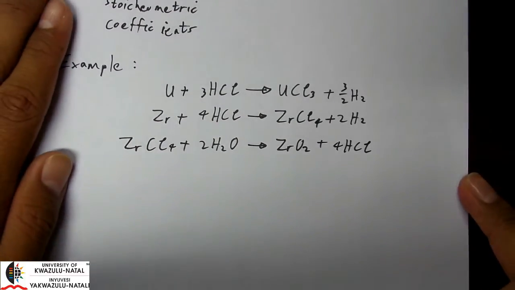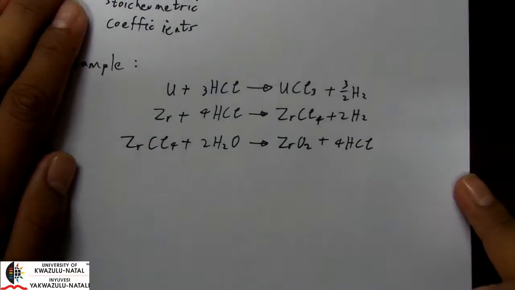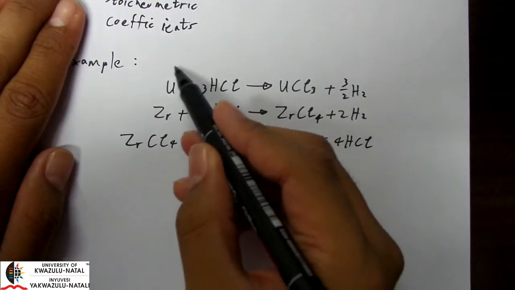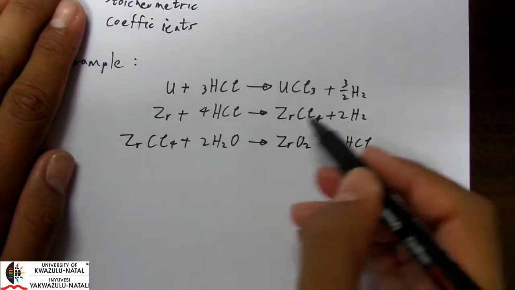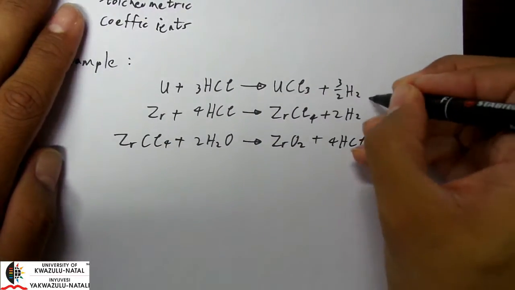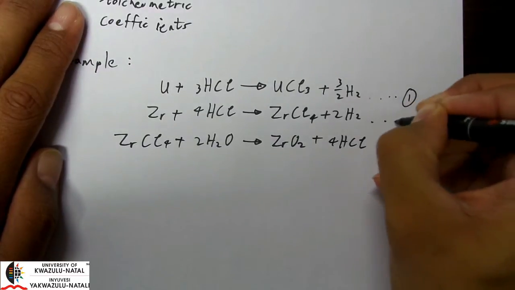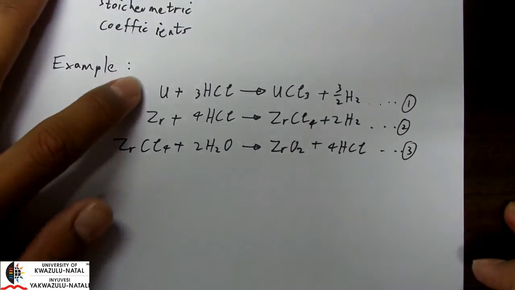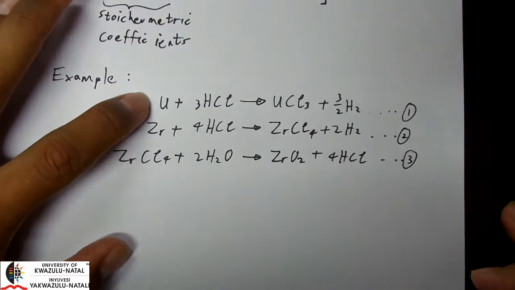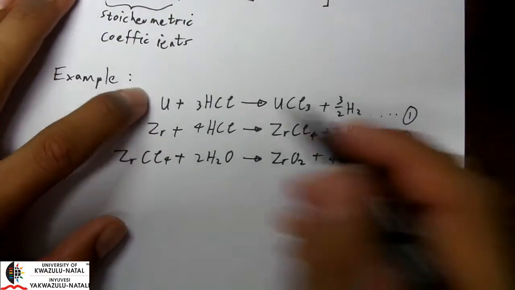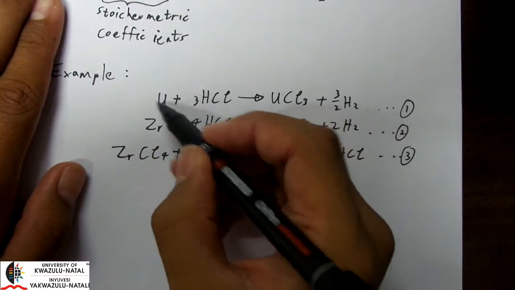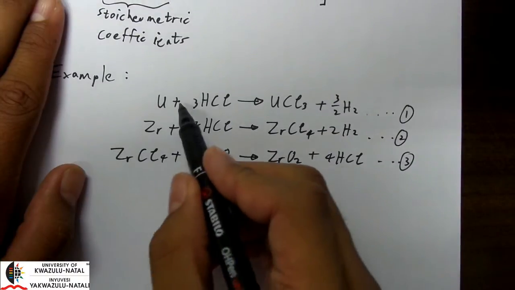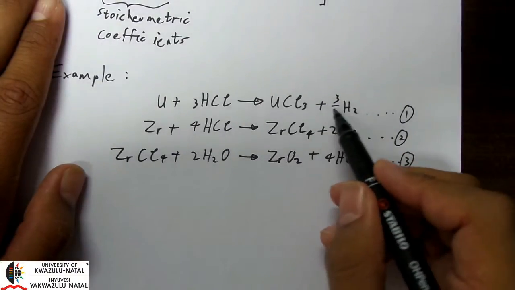Okay, so just looking at these reactions, we note that we do have species that are present in our reactions that are not present in any of the others. Okay, so let me number this. Reaction 1, 2, and 3. So in this particular case, for reaction 1, we have uranium occurring as a reactant, and it doesn't occur in any of the other reactions. Therefore, we can assume that reaction 1 is independent.